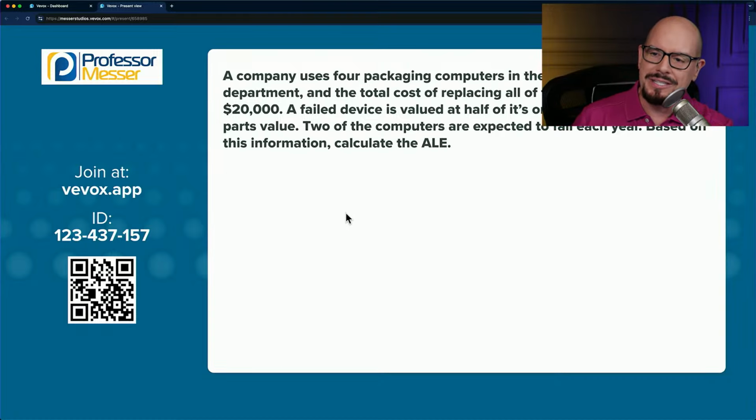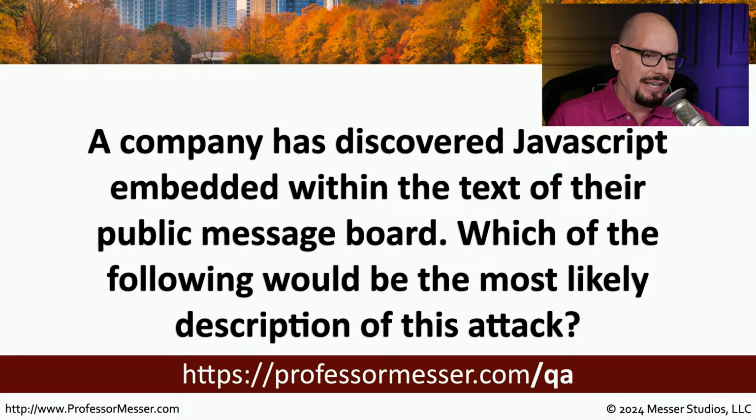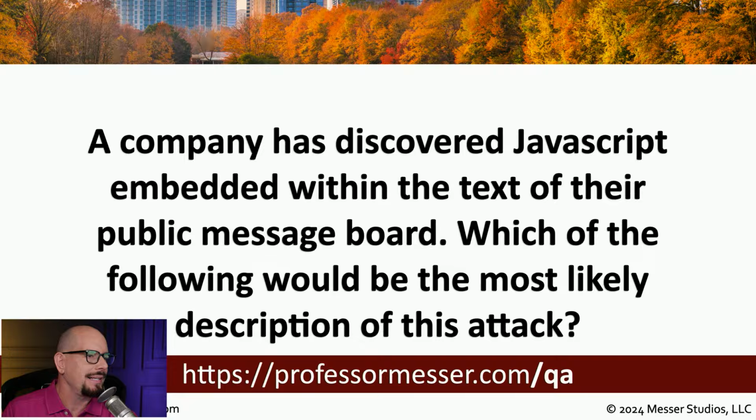Let's do another question. This time, let's go back to a multiple choice question. So anybody can answer this one, and we have a pretty good chance of getting this one right. This next question asks, let me bring it up on my side so I can ask you the right question. A company has discovered JavaScript embedded within the text of their public message board. Which of the following would be the most likely description of this attack?